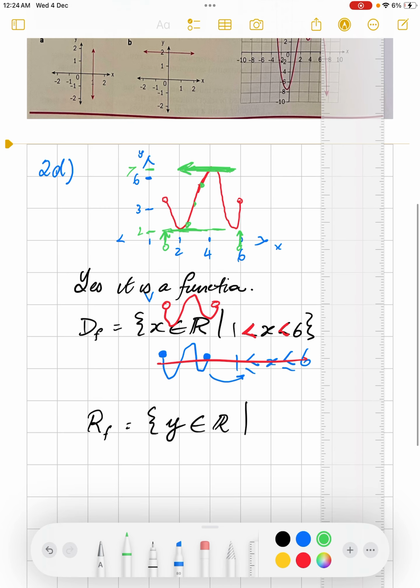So the y values are ranging between 1 and 7. Notice here we've got less than or equal to, because it does actually reach the values of 1 and 7. It does include those values.